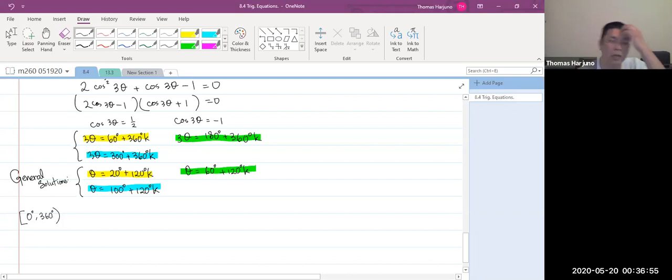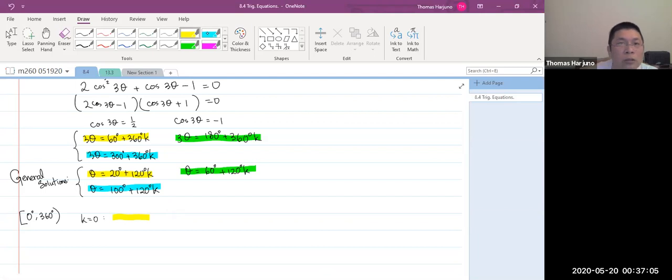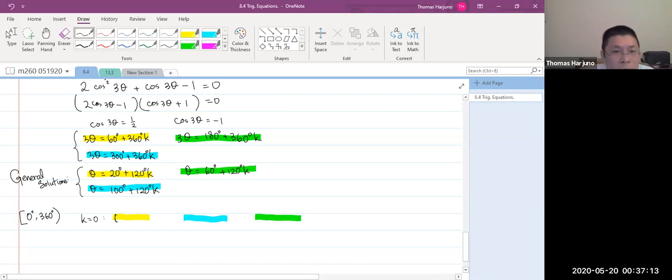How do we do that? We start from when K equals 0. What happened to the yellow one? Theta equals 20 degrees, right? For the yellow one, when K equals 0.